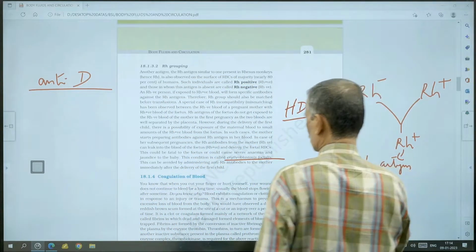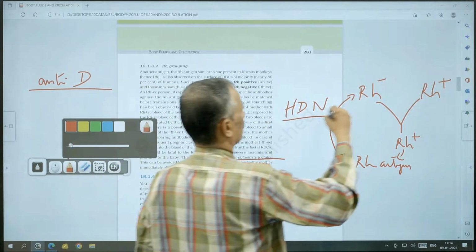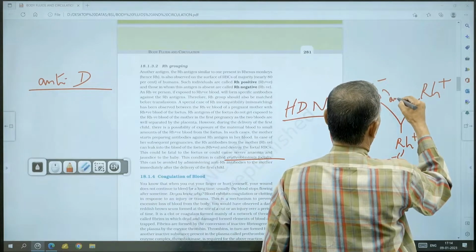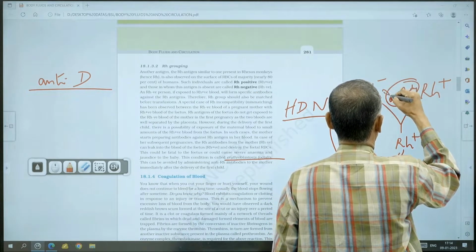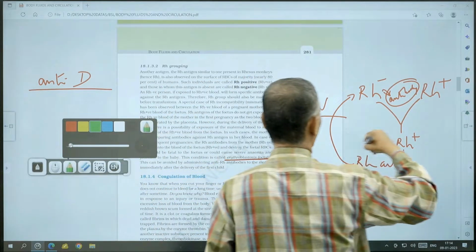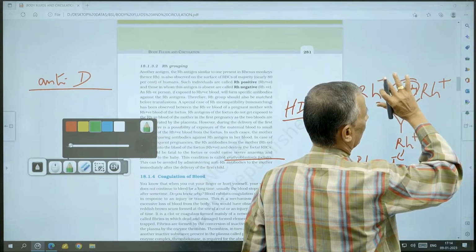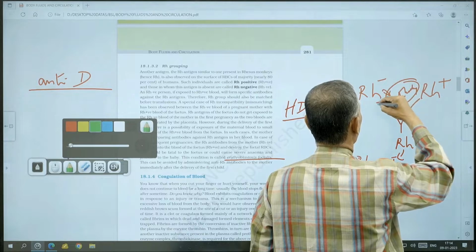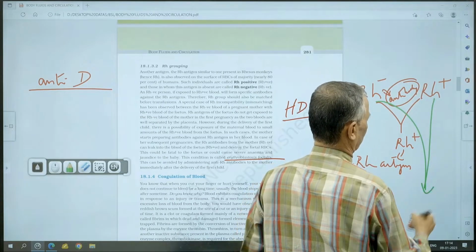Now she slowly produces antibodies, and these antibodies remain in her blood. Now, suppose that she is again becoming pregnant for a second time.